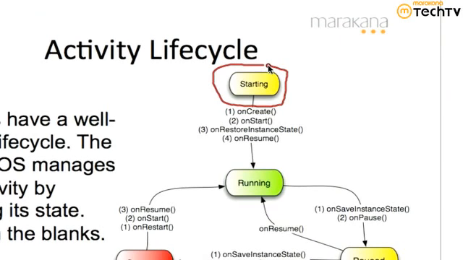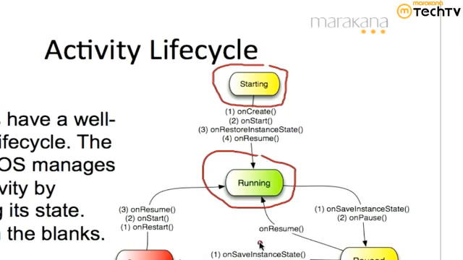As it starts, it's in what we call a running state. That means it's up and running, it's in the user's face, it's interacting with the user. How many activities can we have running at one time? One. Yeah, only one can be interacting with the user at one point in time, right?